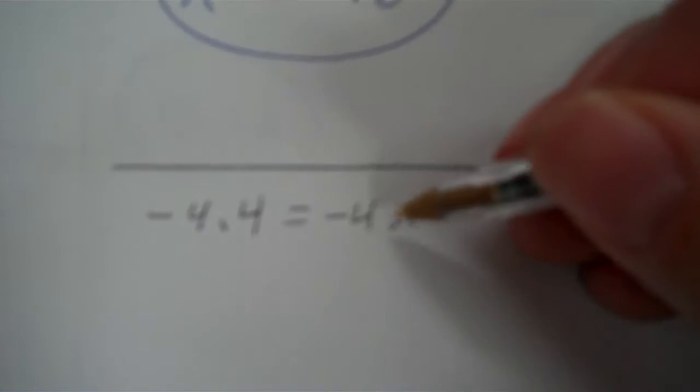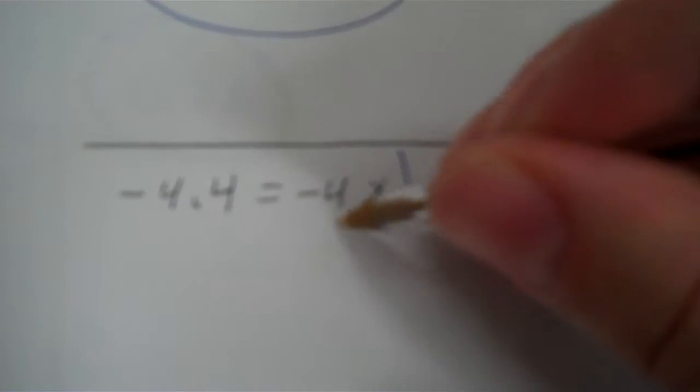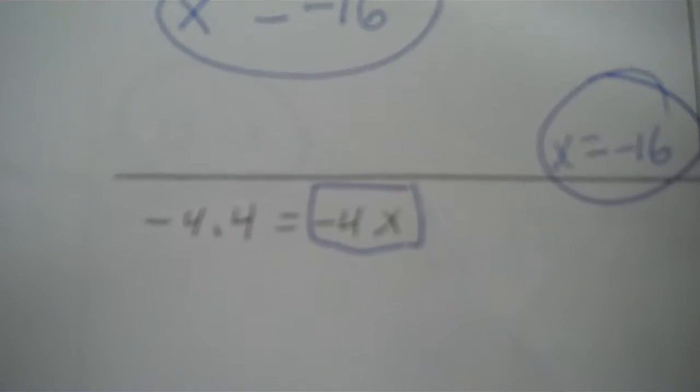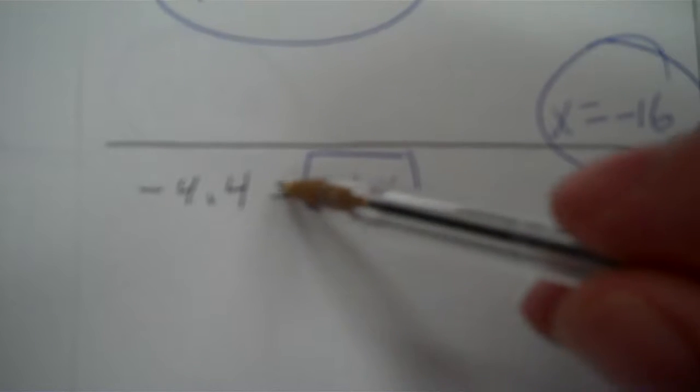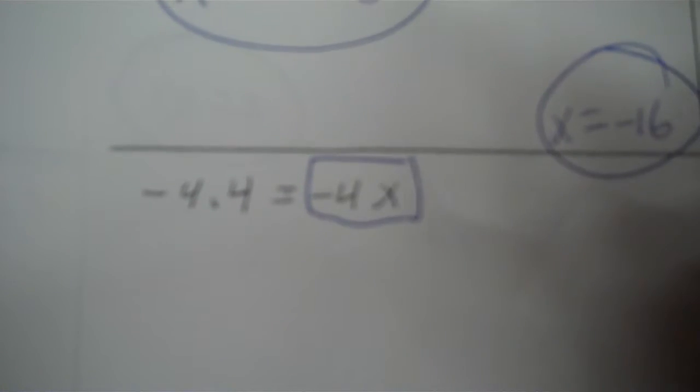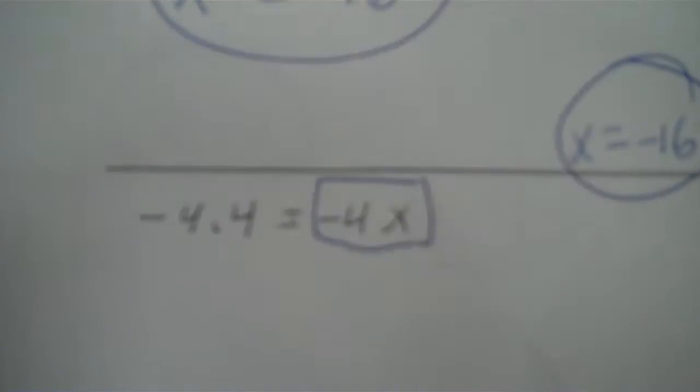Okay, -4.4 equals -4x. We won't put a 1 there because it already has a -4. There's nothing outside that box on this side of the equals. Here's my equals, nothing outside the box. So no adding or subtracting is necessary.